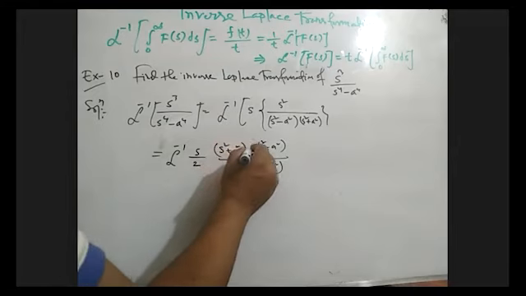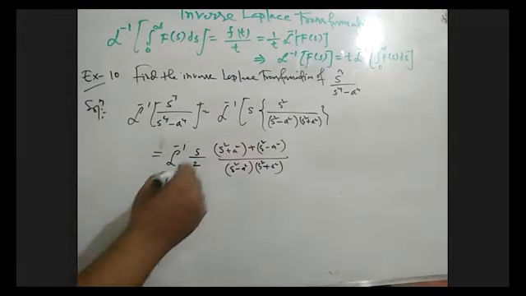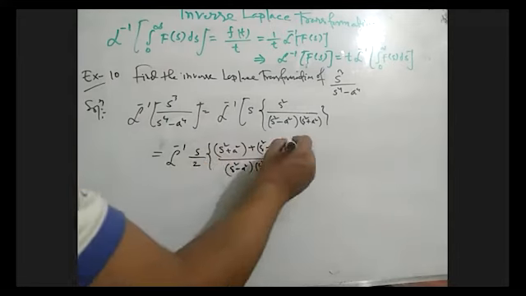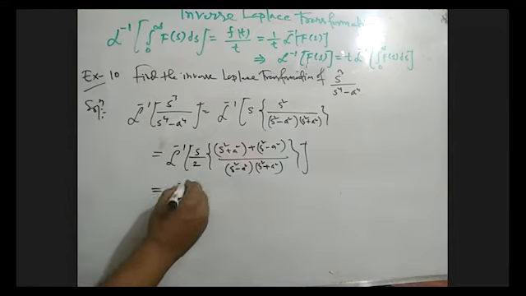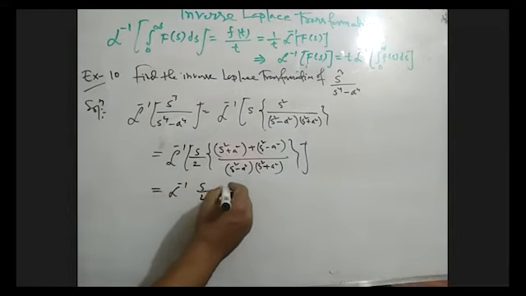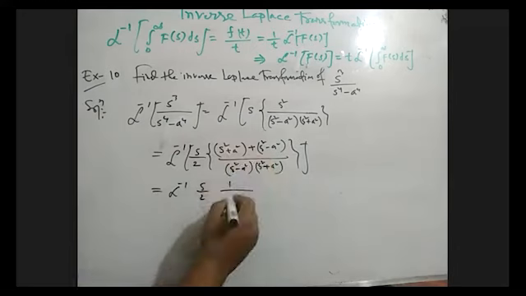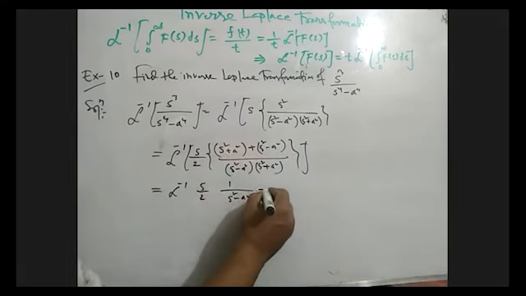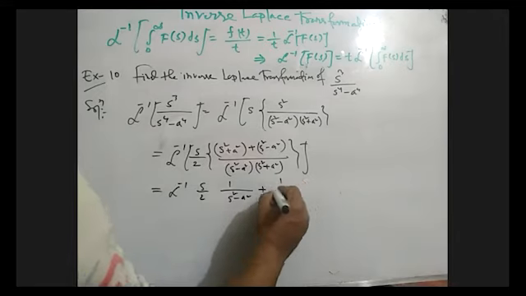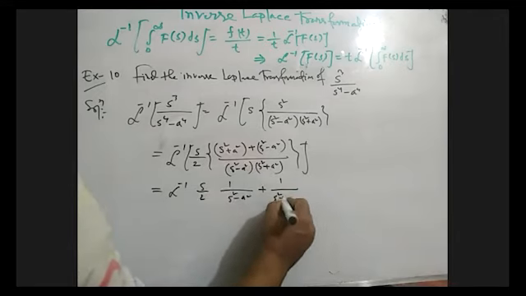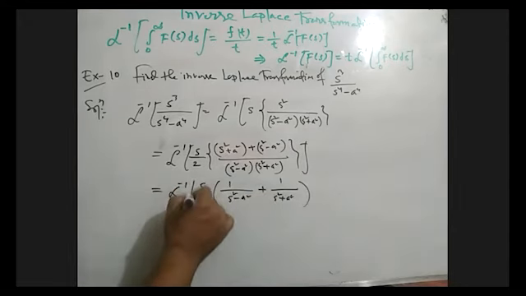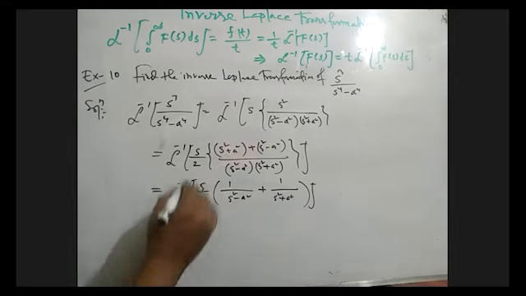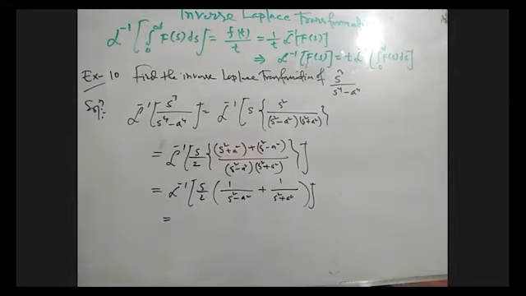This will be plus and this also plus, so s square will be cancelled. So the inverse Laplace transformation of this can be written as s divided by 2, 1 divided by this whole equals to 1 divided by s square minus a square plus 1 divided by s square plus a square. This is the inverse Laplace transformation of this by using partial fraction method.